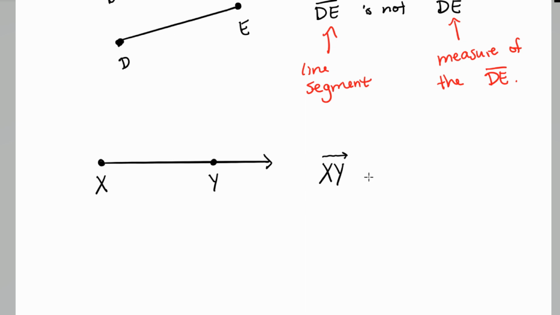And if we were to take this ray and form a different ray off of this, and let's have it going through the point Z, so now we have ray XZ. Having two rays with a common endpoint creates an angle. Okay, so there are a lot of different ways of naming this.